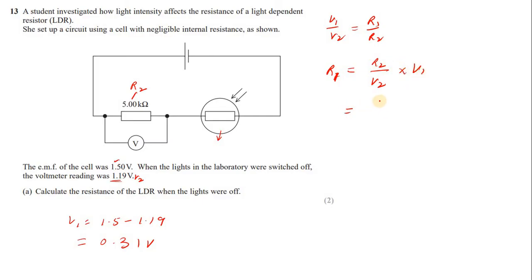So 5000, which is R2, 5 K is 5000, into V1, 0.31, divided by V2, which is 1.19. So R1 is equal to 1.3 times 10 to the power 3 ohm. This is the resistance of the LDR when the light was switched off.